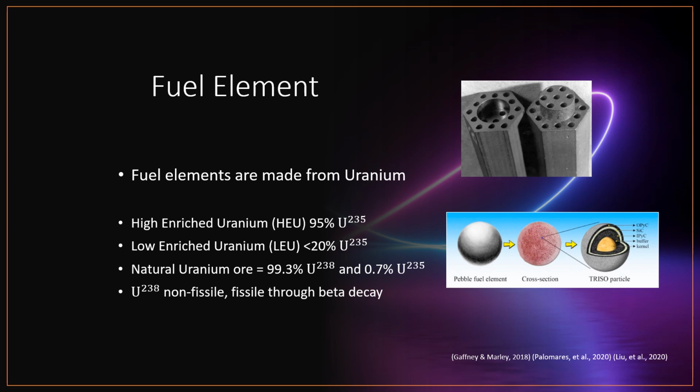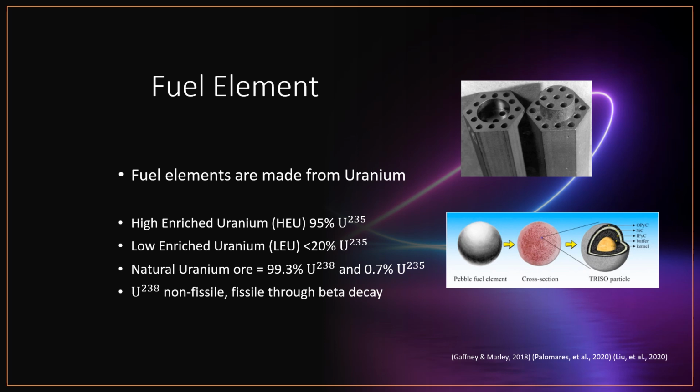Now, the remainder of the fuel element will be uranium-238. Now, natural uranium ore, as we dig it out of the ground as a rock, is 99.3% uranium-238, and 0.7% of that rock is uranium-235. Now, uranium-235 is a readily fissile material.